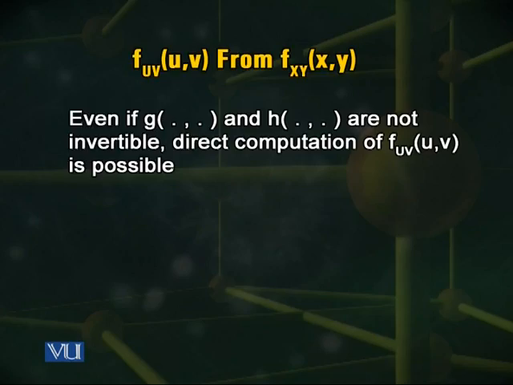Then you can find the probability of regions around that point which have been mapped from x and y using more than one point. In that case, the probabilities of more than one point in the xy plane get combined on one point in the uv plane.